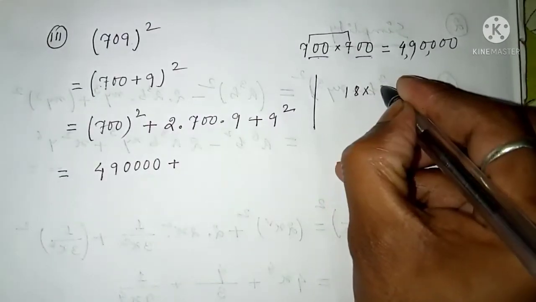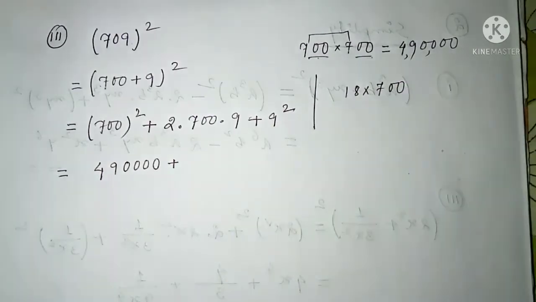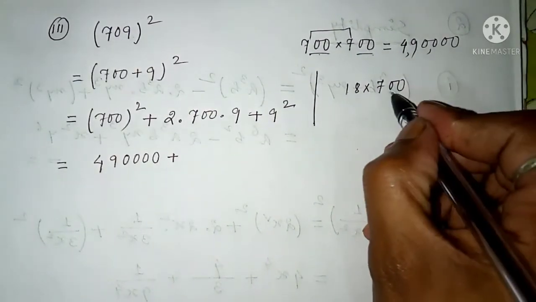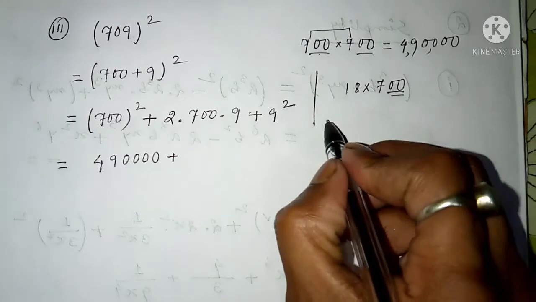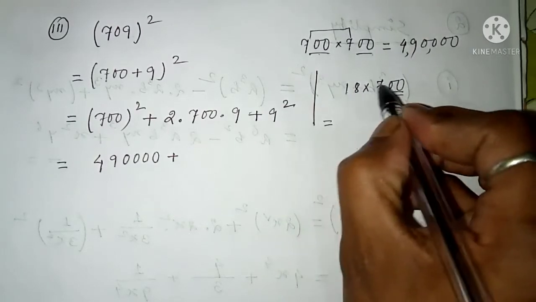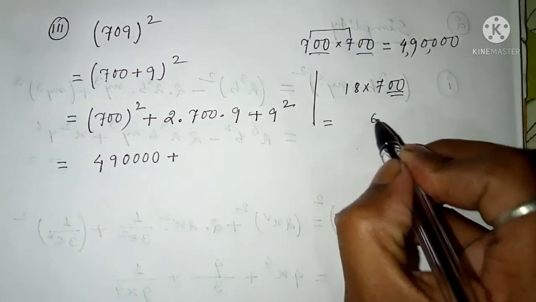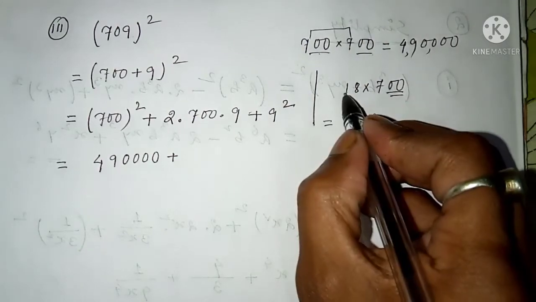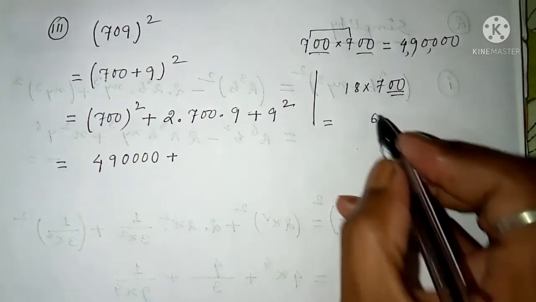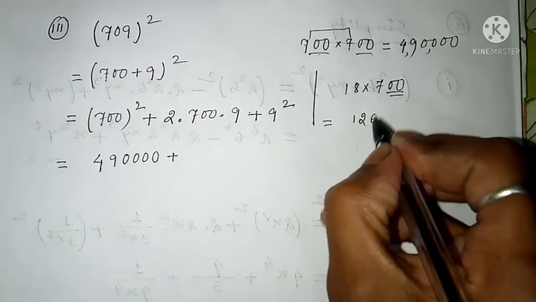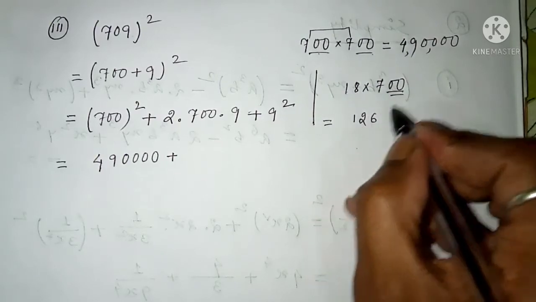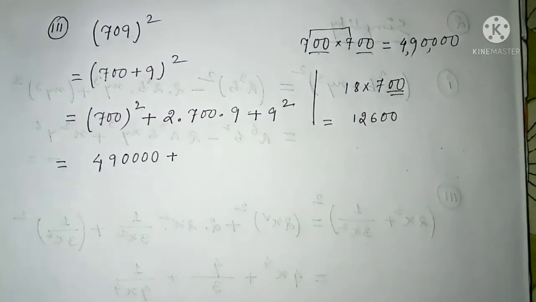Now we need to multiply 18 into 700. Forget about these two zeros. First multiply 7 into 18. 7 times 8 is 56, so you write 6, carry forward 5. 7 times 1 is 7, plus 5 is 12. So 7 into 18 is 126. Now we write these two zeros. It's very simple.